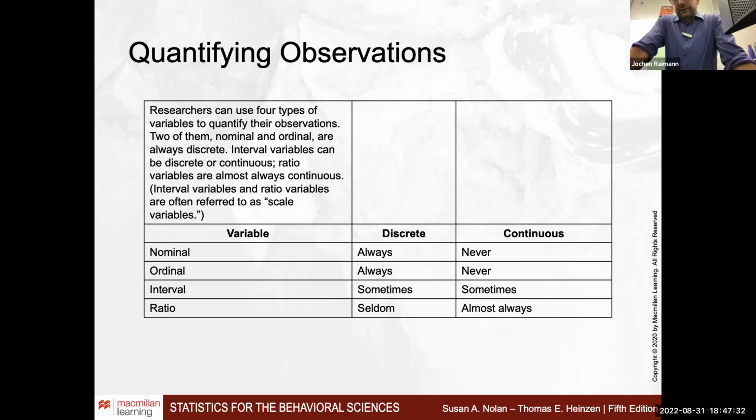Now, intervals are sometimes discrete. We know they're continuous, right? This is a continuous variable, but sometimes they can be discrete. A good example is very small ranges of age.